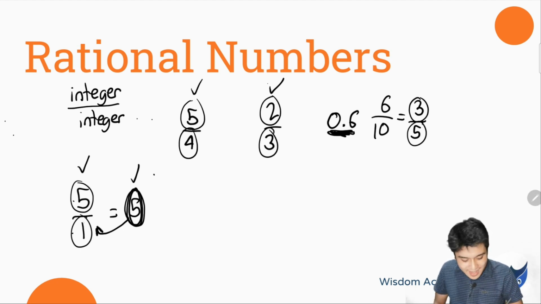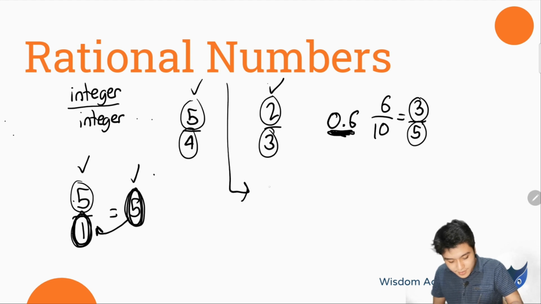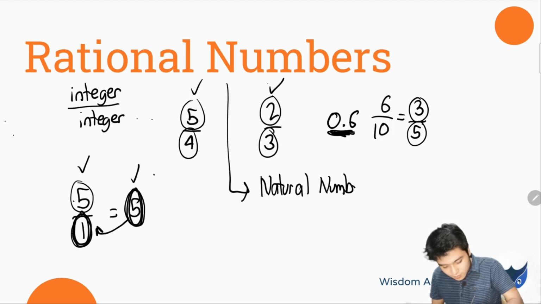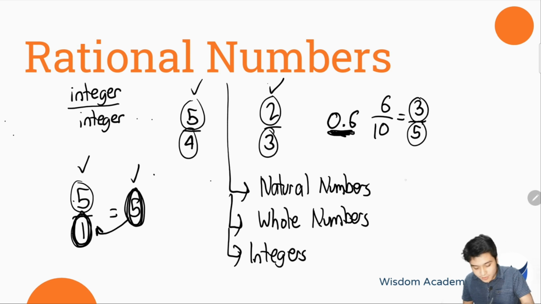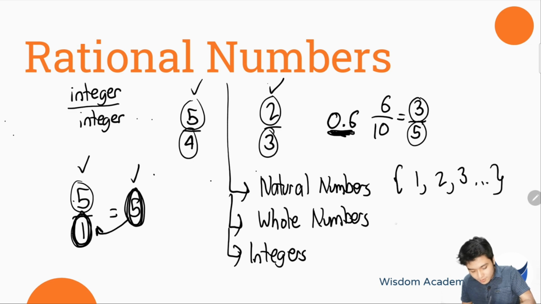Bakit? Dahil lahat sila, pwede mo silang imagine na naka-divide sila by 1, no? So, my point there is, etong natural numbers, whole numbers, and integers, they are all rational numbers. Kasi diba ito, set yan ng mga numbers na ginagamit natin pambilang. Ito, set to ng mga numbers na ginagamit natin pambilang plus kasama naman si 0.